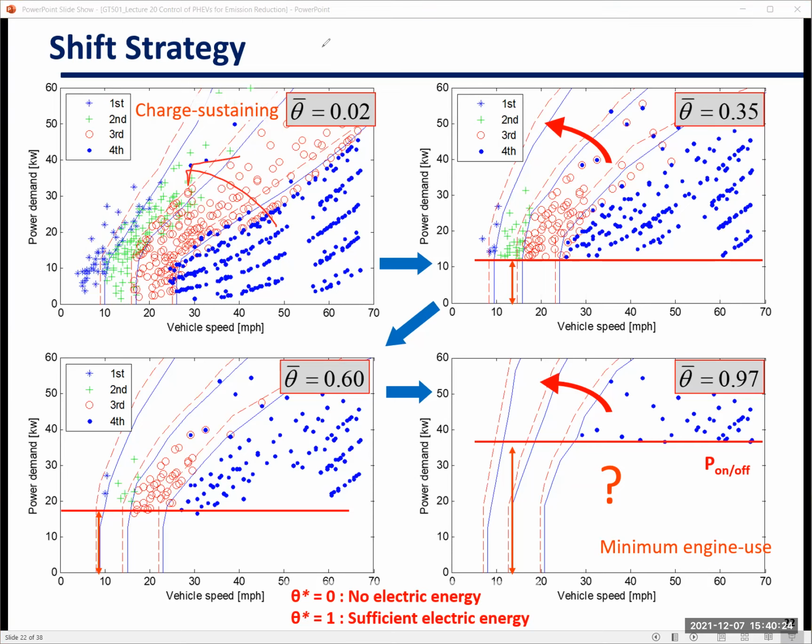But power split ratio strategy doesn't change substantially. What's changing is the operating points on this line, okay? That's because of different engine on-off strategy and shift strategy. But these operating points still lie on this line. It's not like it's operated here.